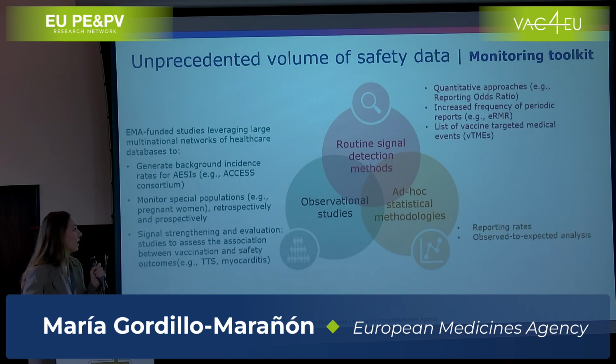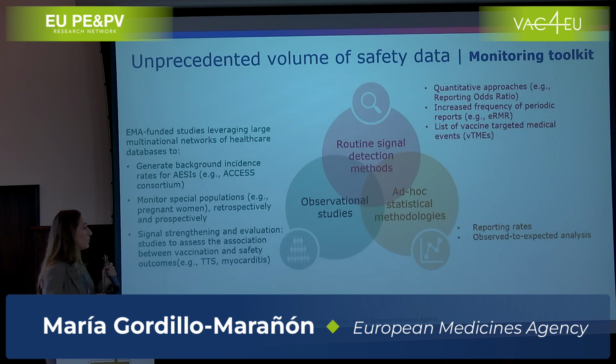In terms of routine signal detection in EudraVigilance, this has a component of disproportionality methods, such as the reporting odds ratio, and this was enhanced by increasing the frequency of the production of reports, and also by the development of a list of vaccine-targeted medical events, which was largely based on a list proposed by the Brighton Collaboration under the Safety Platform for Emergency Vaccines.